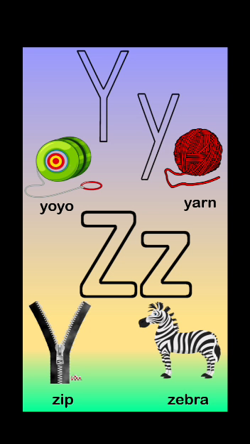Y for yarn. Now the next and the last letter is letter Z. And the sound of letter Z is Z. Z for zip. Z for zebra.